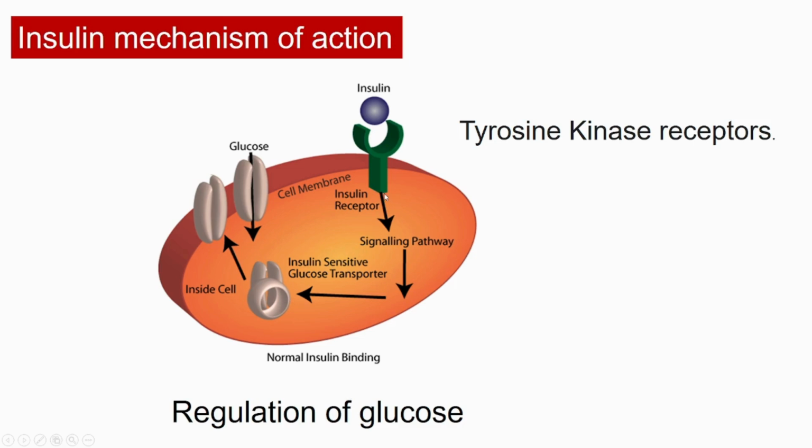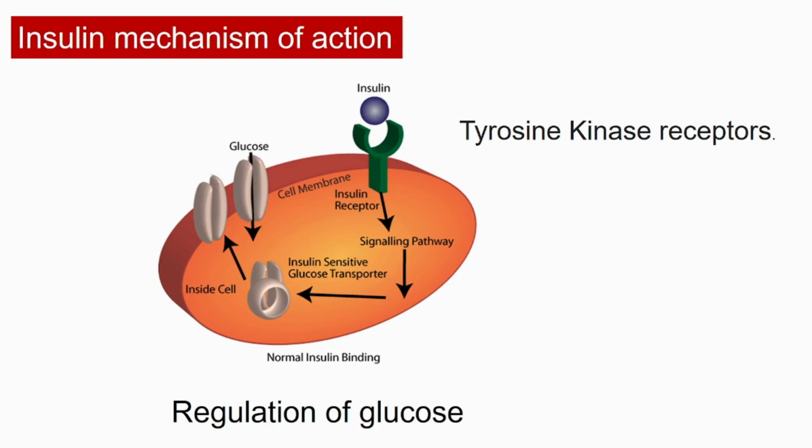Once insulin binds to those tyrosine kinase receptors on the cell membrane, signaling pathways are triggered, and those signaling pathways activate insulin sensitive glucose transporters, which helps the glucose channels to open up, and thus glucose intake takes place inside the cell.